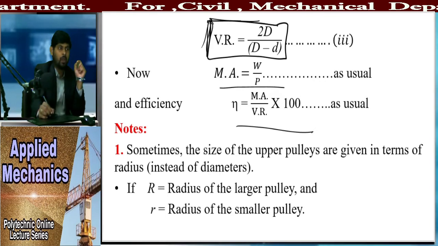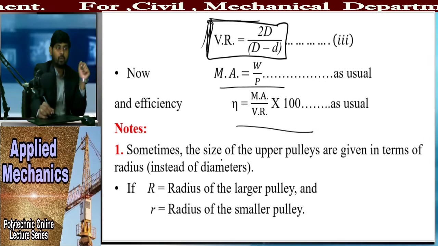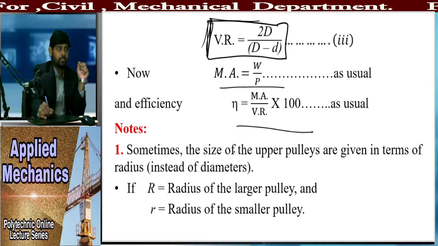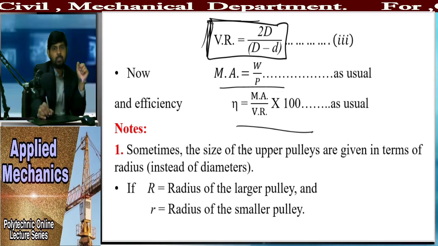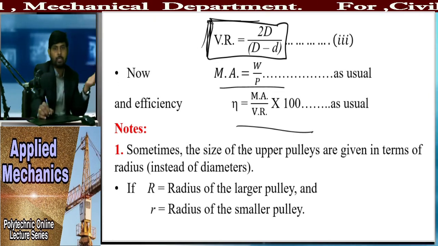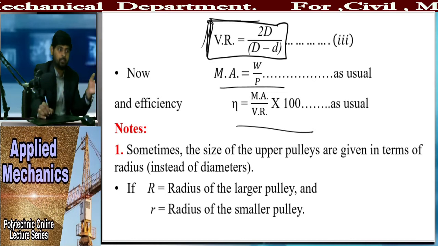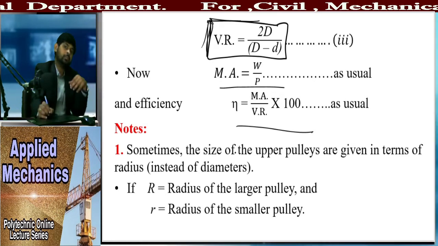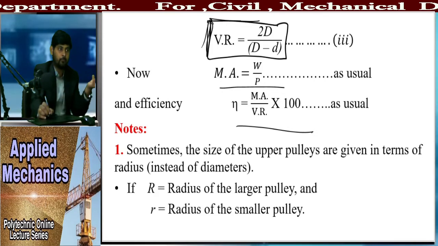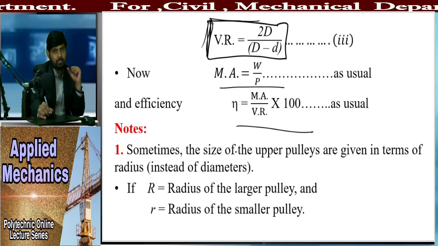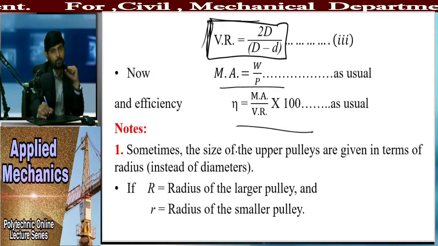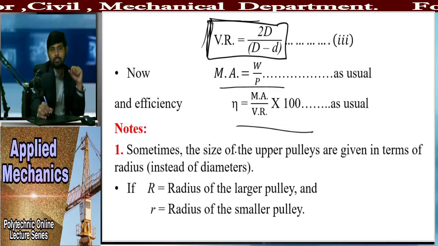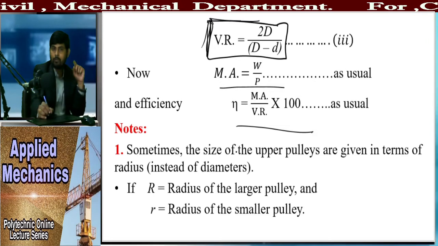What note do we have? Sometimes the sizes of the pulleys are given to us in terms of radius, and sometimes in your numerical they will give you a diameter. So you have to convert that diameter into radius, or they may be given in radius. If capital R is given, then you take the radius of the larger pulley, and if small r is given, then you take the radius of the smaller pulley, because you have two pulleys there.